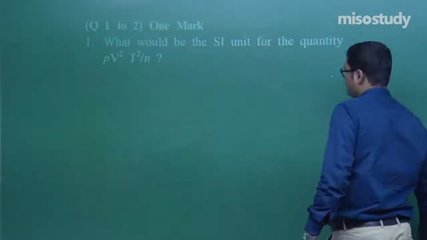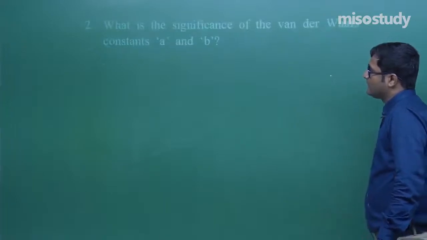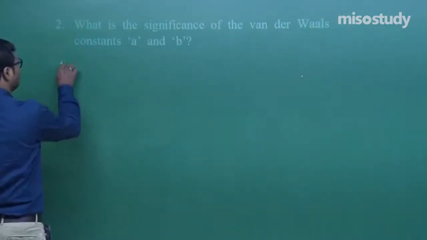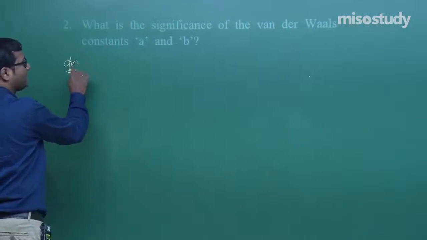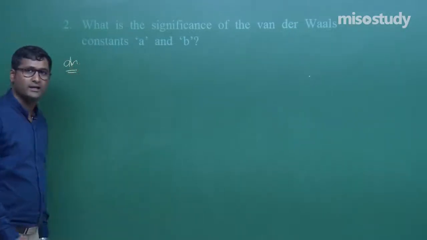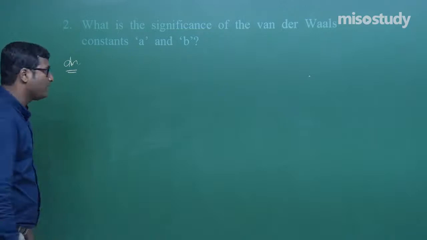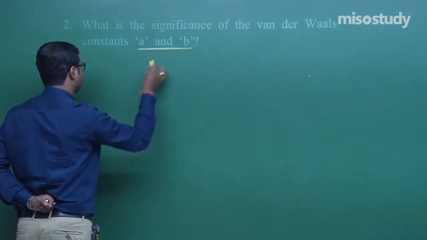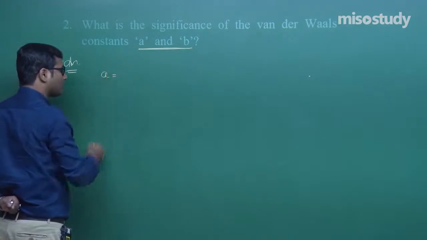Now look at question number 2. It's very easy. What is the significance of van der Waals constants A and B? We know the van der Waals gas equation is for real gases. What is the significance of A?